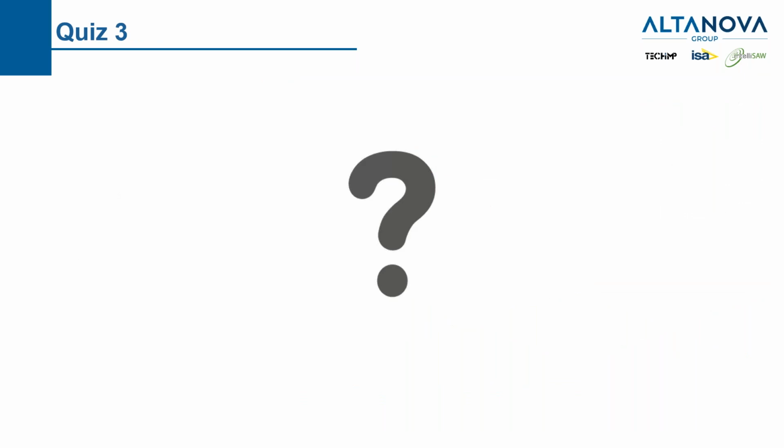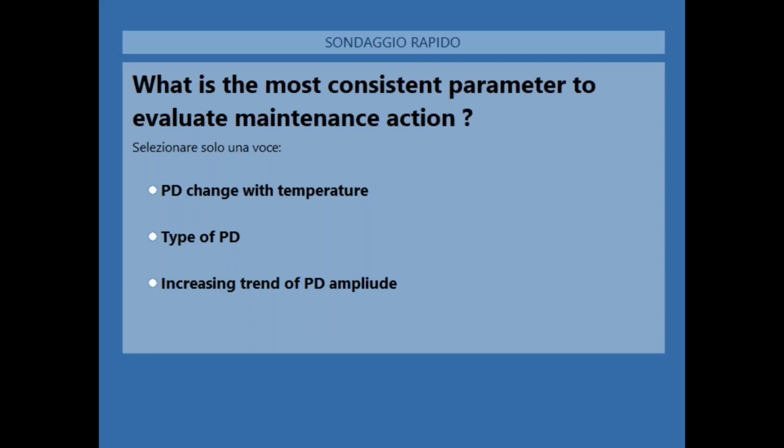And if I'm not wrong, yes, we have the third question here. Andrei, please. Correct. Yes, we have the third question, and after listening to this very detailed explanation, how do we try and understand if we have a problem with our rotary machine, we ask you, what is the most consistent parameter to evaluate maintenance action? Is it PD change with temperature?